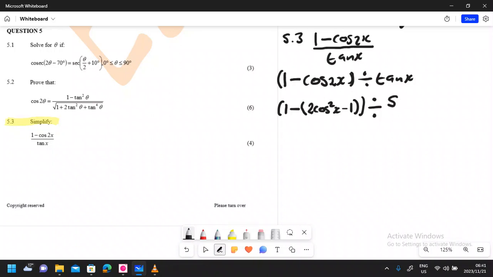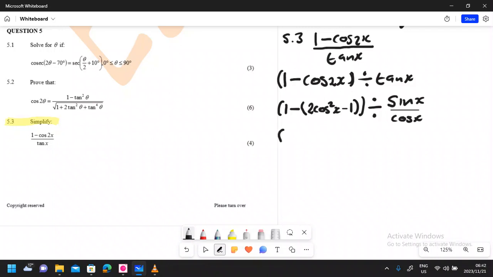So remember, tan is the same as sine over cos x. All right, so when it's like this, we just multiply by negative to remove this bracket.